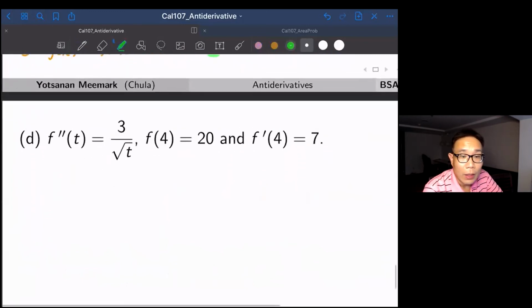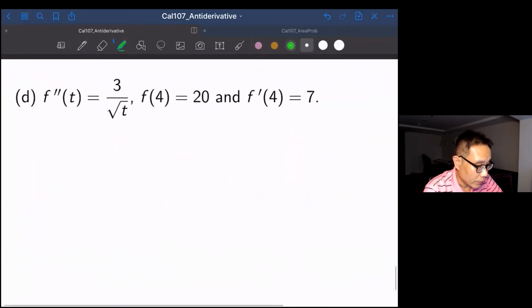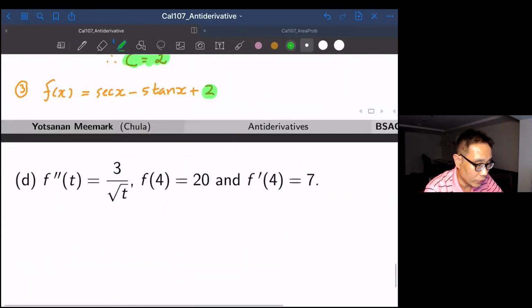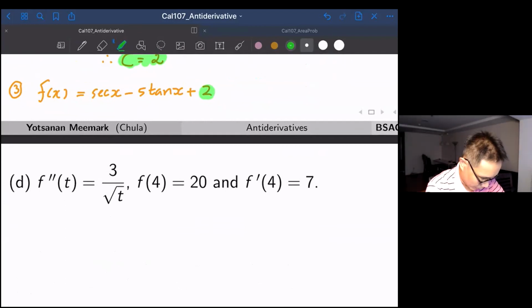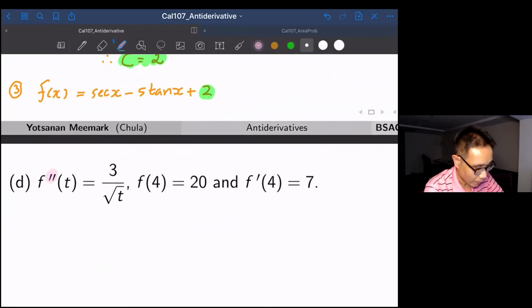For the next one, you have f double prime t equal to 3 over root t, f of 4 equal to 20 and f prime 4 equal to 7. For this one, you would like to recover the capital F. However, you notice that we don't begin with f prime as before, we begin with f double prime.